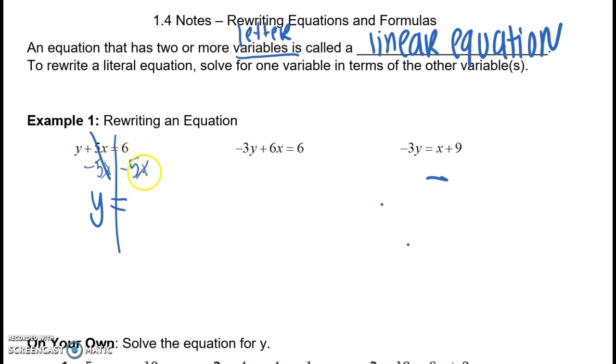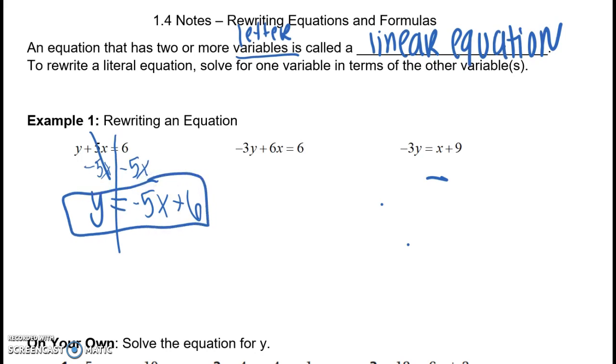The negative 5 has an x, and the 6 does not. So what I'm just going to do is rewrite what we have vertically, horizontally. That is a negative 5x, positive 6. We are good. So that is our final answer for the first one.